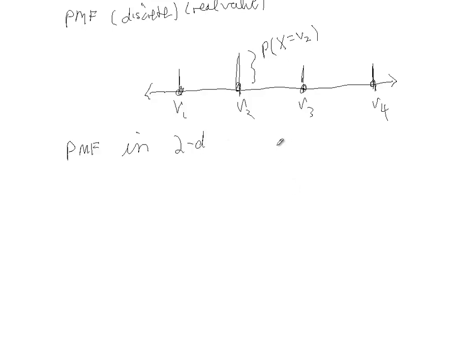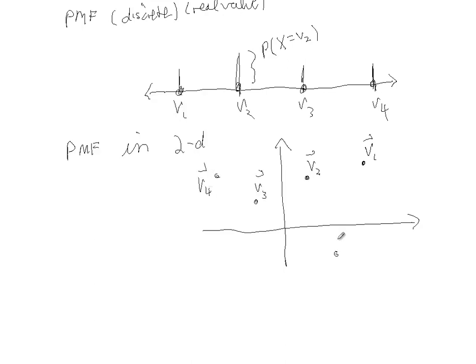Now, if you have a 2-dimensional random variable, that means your possible outcomes are points in the plane. Okay, so let's say this would be, I call this v1, but now I call it a vector v1. This is a vector v2, vector v3, vector v4. So these would be possible outcomes.